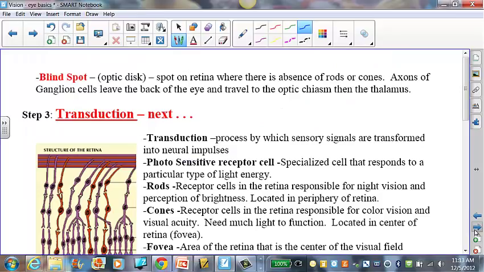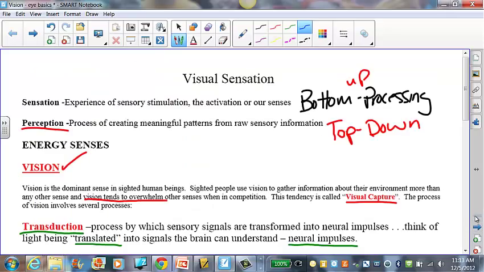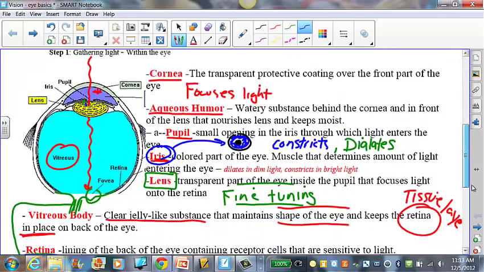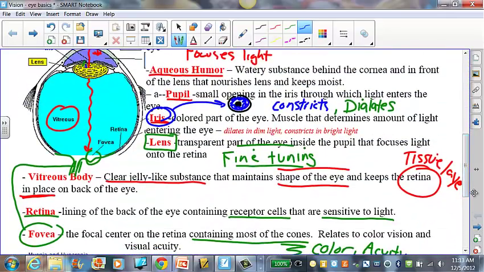We also have something called a blind spot, otherwise known as the optic disc. If we go back to the previous slide, we can see in our diagram where the optic disc is. Right here in the back of the eye, all of the cells gathering light from the eye have to leave and go to the brain.